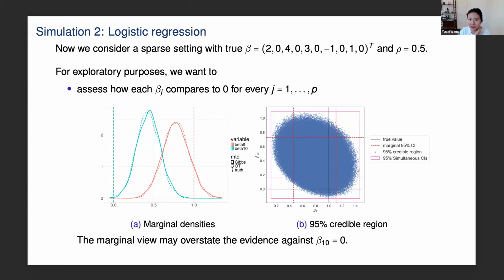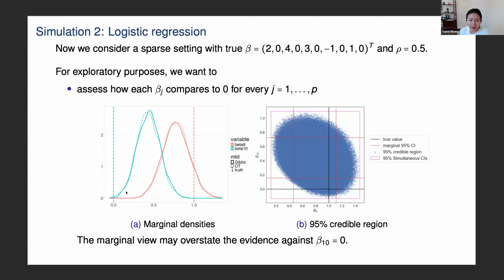We consider a sparse setting where my beta still has 10 coefficients, and I specifically set 5 of them to be 0 with a median correlation of 0.5. So the first example we consider is that I want to understand how each beta_j, each coordinate, compares to 0, for j from 1 to p, 1 to 10.